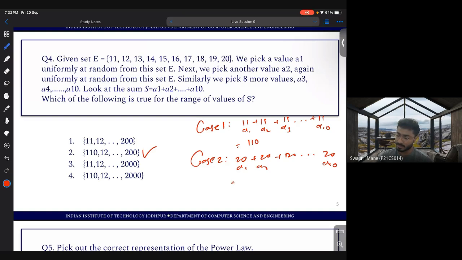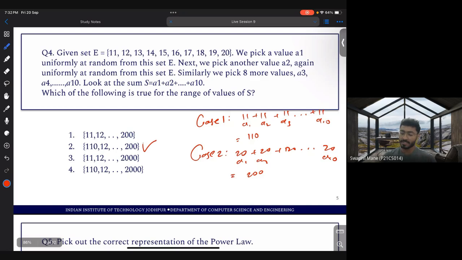In this scenario, the summation of A1 plus A2 plus A3 up to A10 is 200. So this is the range; the summation lies in between this range. This is the answer for this question.